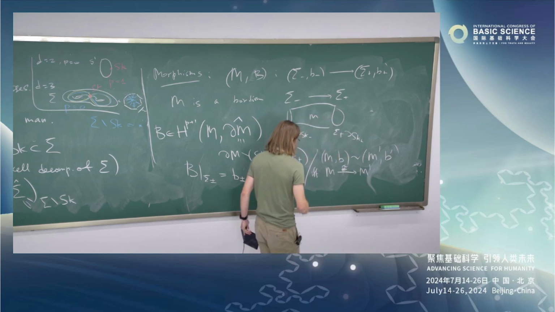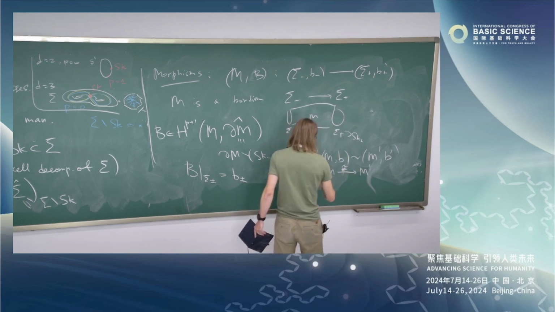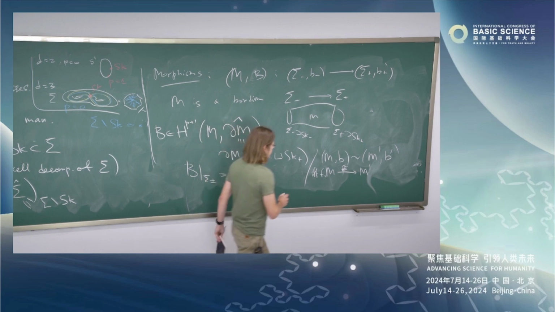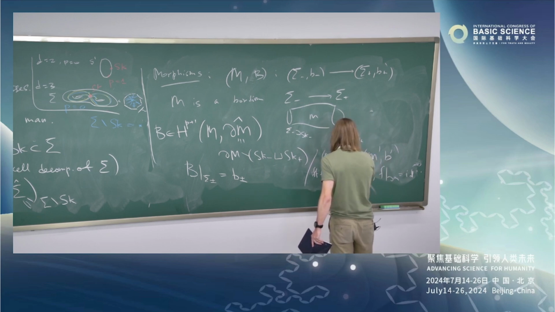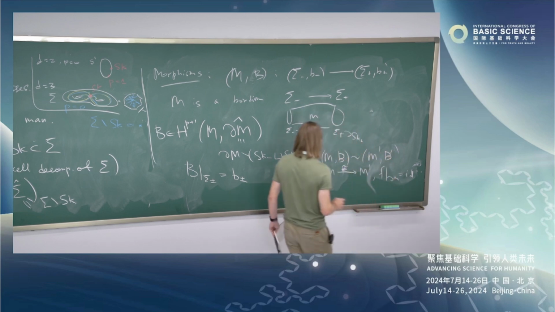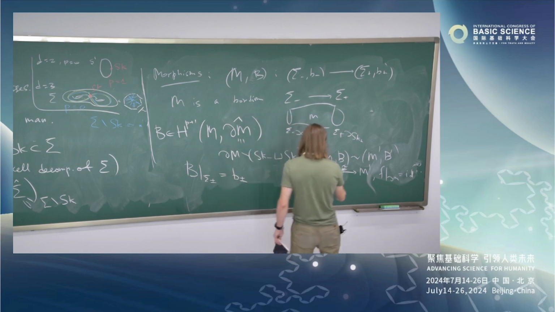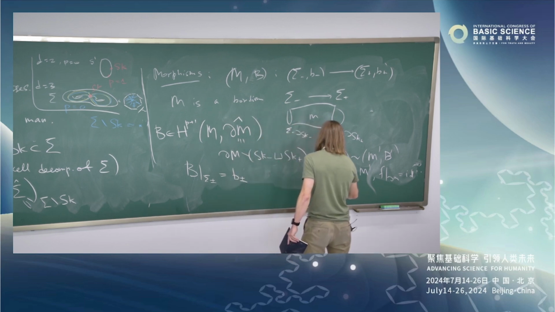Bordisms can be related by isomorphisms, such that it's identical on the boundary. And of course, capital B must be equal to the pullback.